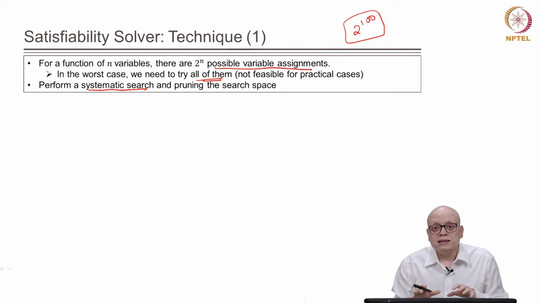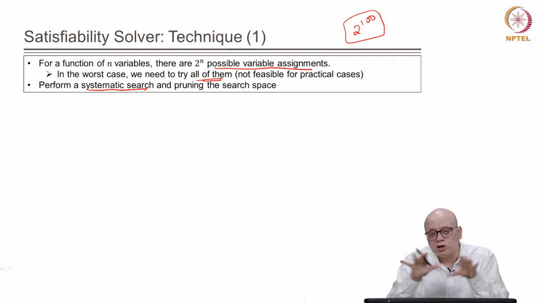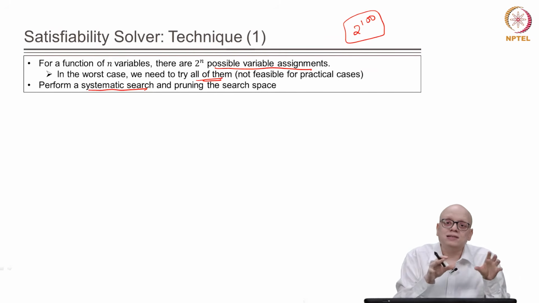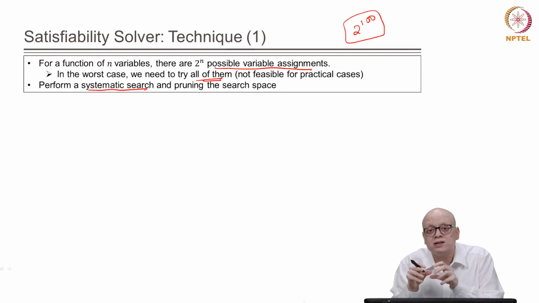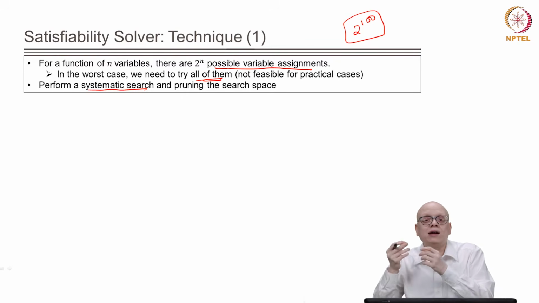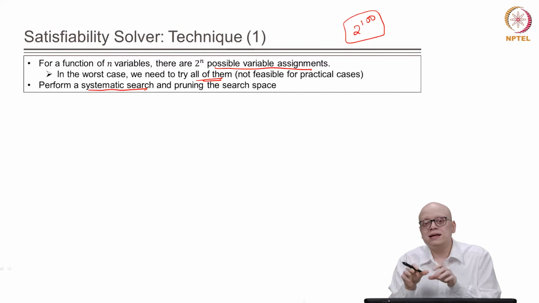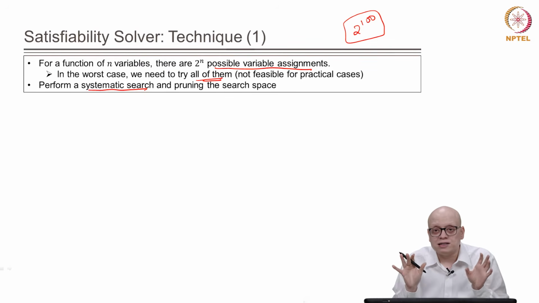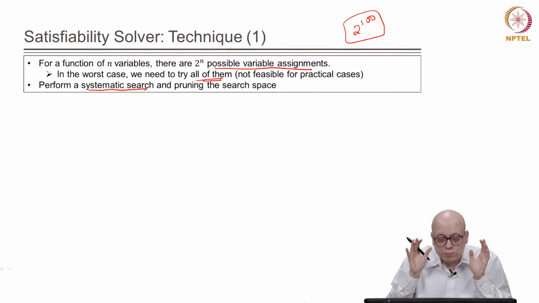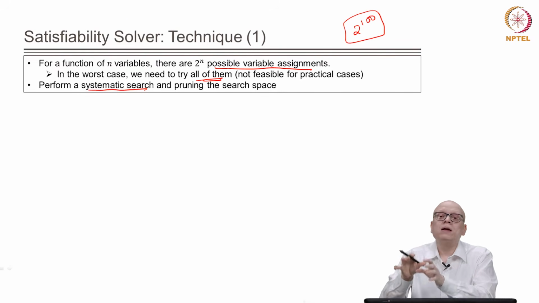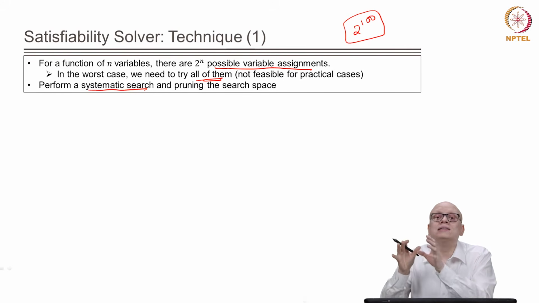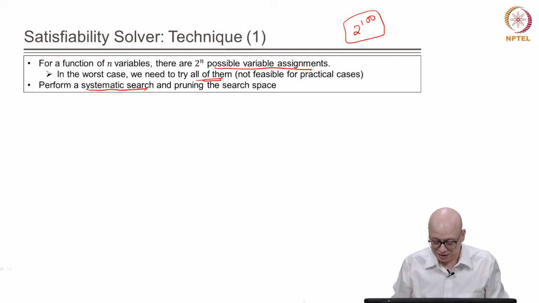So, they do not visit all possible cases, but they intelligently prune the search space such that a reduced space needs to be searched, and based on that it can either find a satisfying assignment or deduce that it is impossible to find one, and therefore there is no satisfiable input combination, and the given input Boolean function is an unsat Boolean function, right.